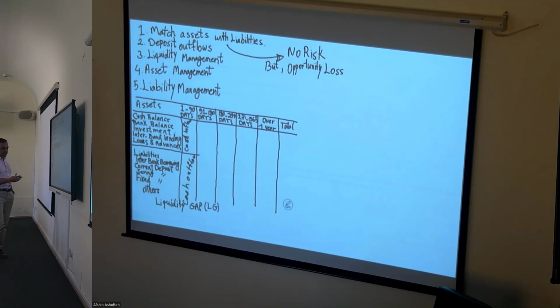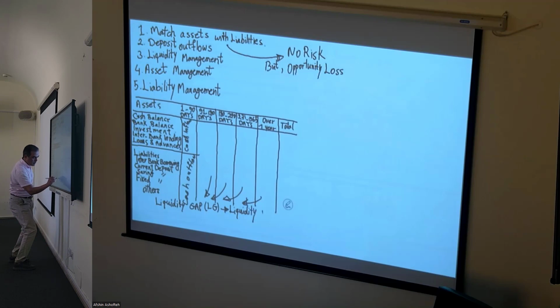So this liquidity gap can make what? The liquidity risk, okay? So the result is the liquidity risk that we have to consider, and this liquidity gap could be negative, okay?